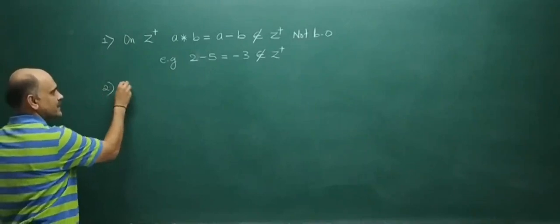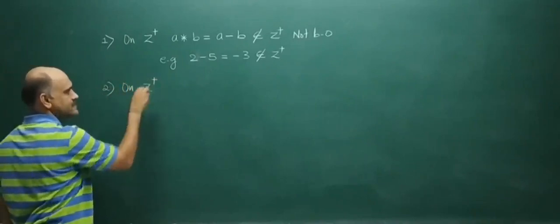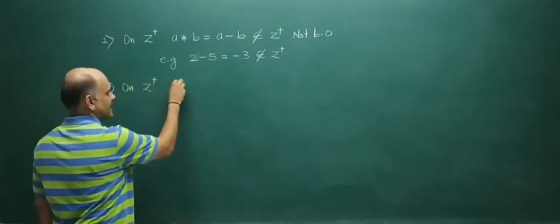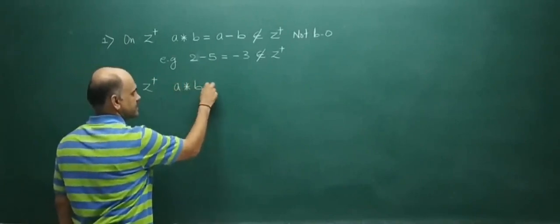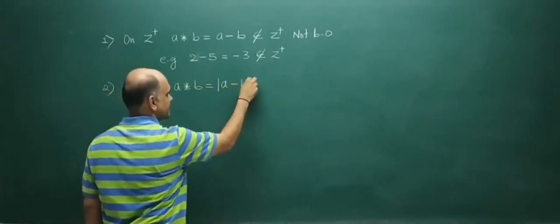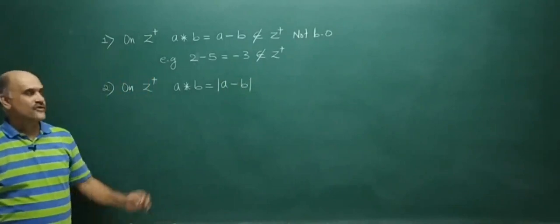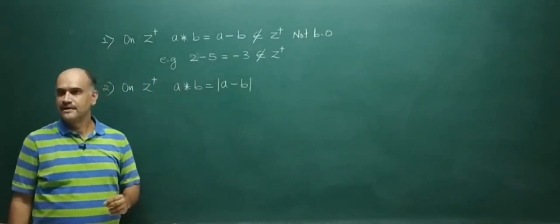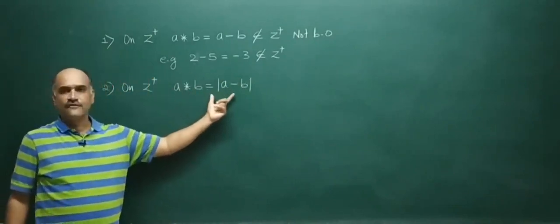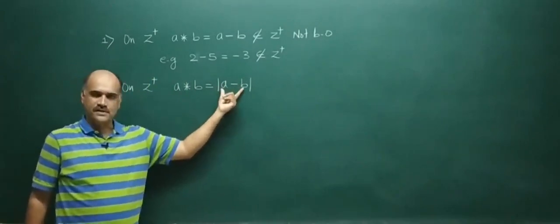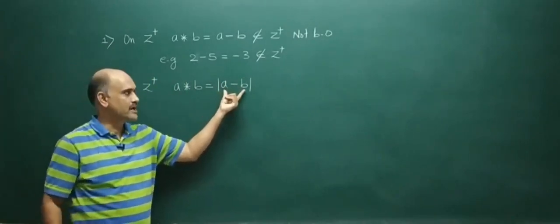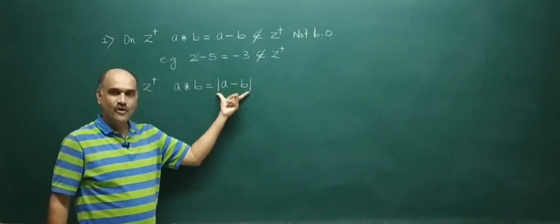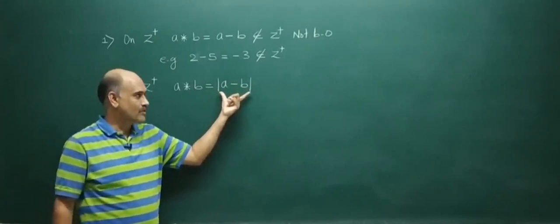Second, on Z plus, A star B is equal to mod of A minus B. If you take mod of A minus B, now if you subtract any two numbers, it may be positive or negative, but if you apply mod, always again it will be positive.